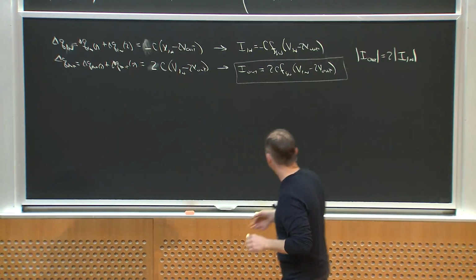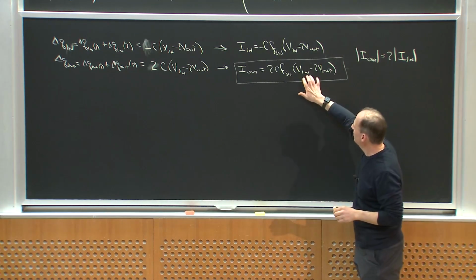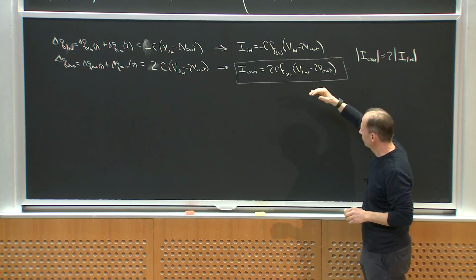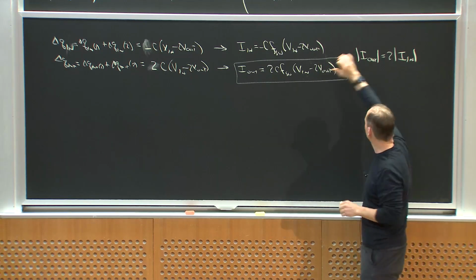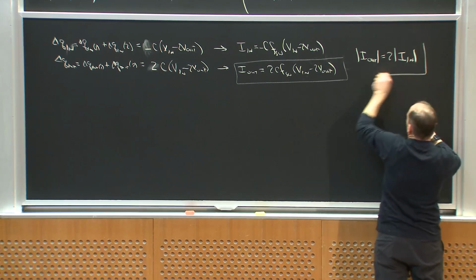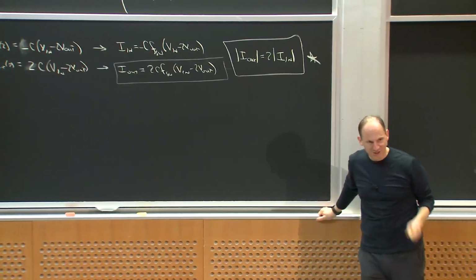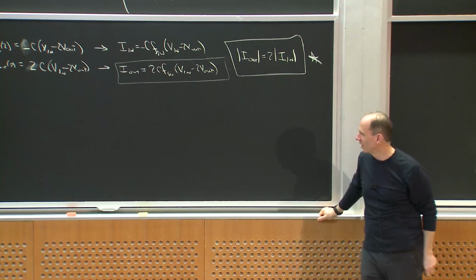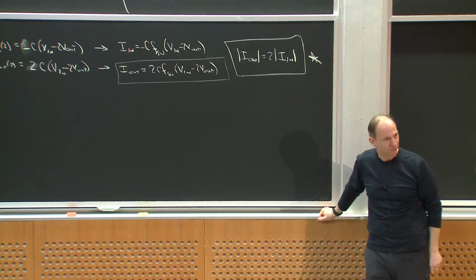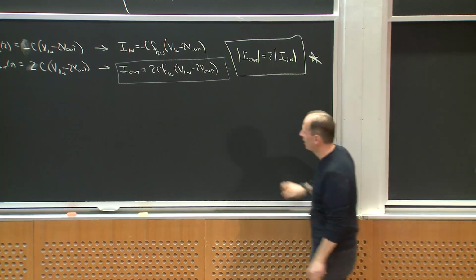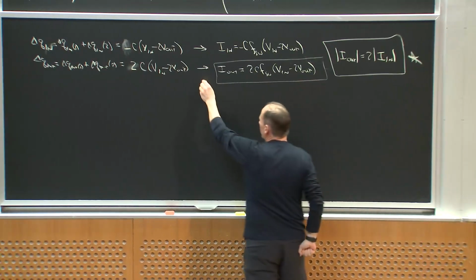Let me start from this relationship and see if I can give you the voltage relationship. This is the current relationship of the converter, the fundamental thing this converter does. How are the input and output voltage related? That's by this relationship here.